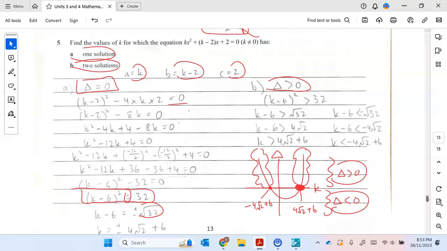So anything in between, so if your value of k was between those two values, then you would have no solutions because you're below the axis where your discriminant is less than 0.